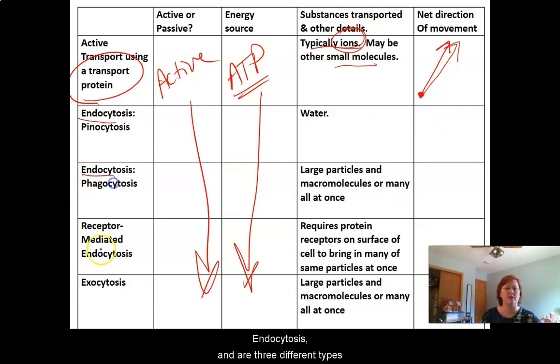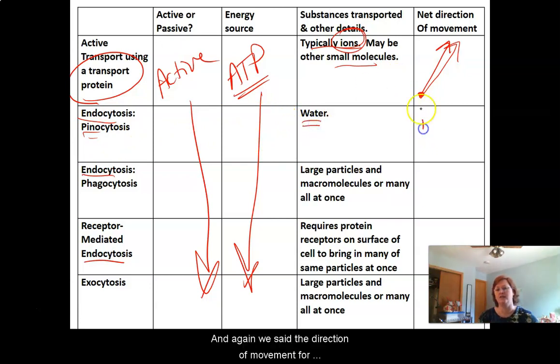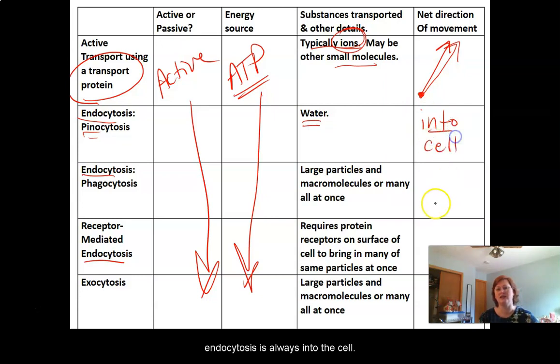Endocytosis, and there are 3 different types, is when I'm trying to bring a whole bunch of stuff in all at once, or maybe I'm bringing something really big in. So I'm going to bring it in through a big membrane bubble, because membranes are very fluid. Pinocytosis means I'm bringing water in. And again, we said the direction of movement for endocytosis is always into the cell.